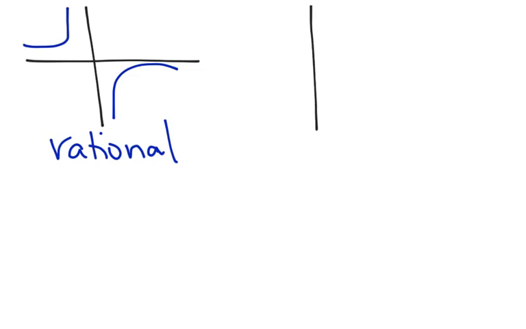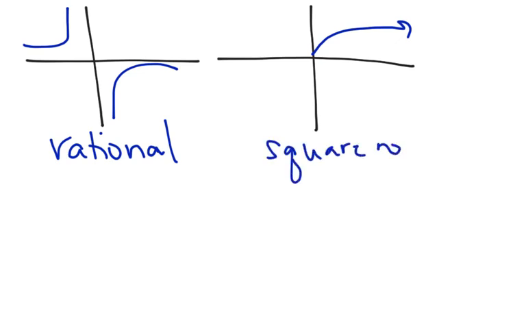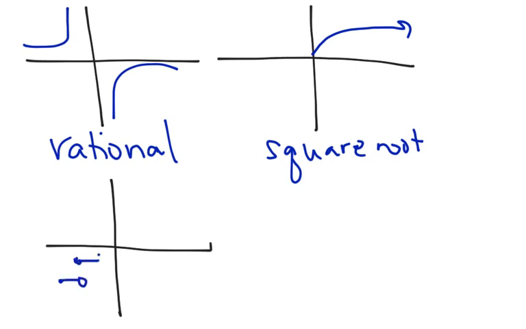We have our radical function, which looks like this, also known as the square root function. And remember, these are all functions because not all equations represent functions. We also talked about another one that we've mentioned in the past but didn't really do much with, called the step function.